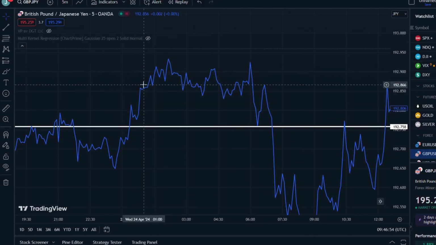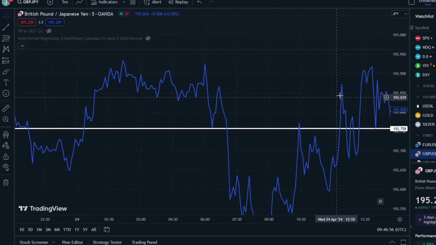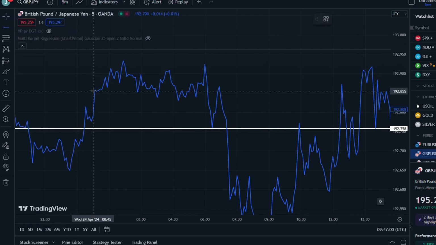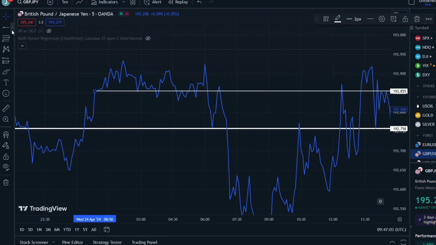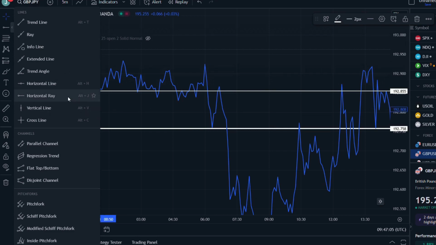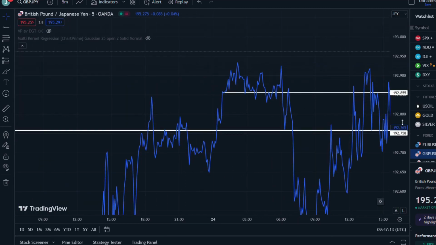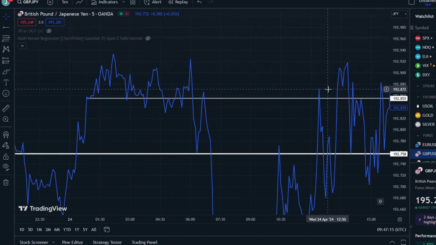We have one level here, the second, the third, and it can work as a horizontal line, but not an exact line, more of a ray. It's absolutely the same thing, but I believe that when I draw a ray, it's something for the short term. I'm keeping this in mind because it's much more helpful for me.